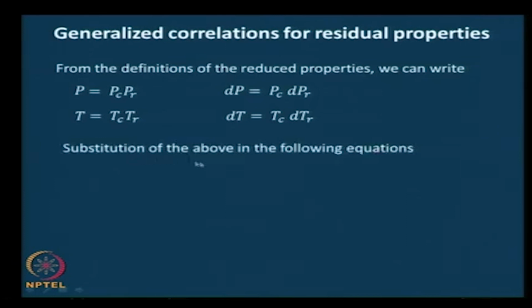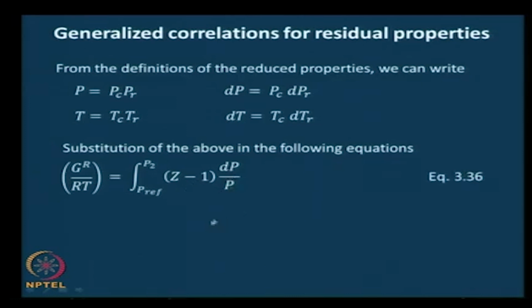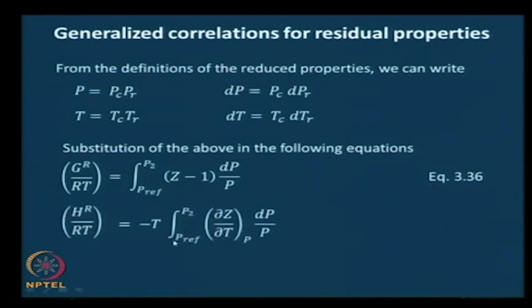Now, if we substitute the above in the following equations, these were the equations that we obtained earlier for GR by RT equals integral of P reference to P2 Z minus 1 by P dP. This was equation 336 earlier. HR by RT was equal to minus T into integral of P reference to P2 dou Z dou T at constant P dP.